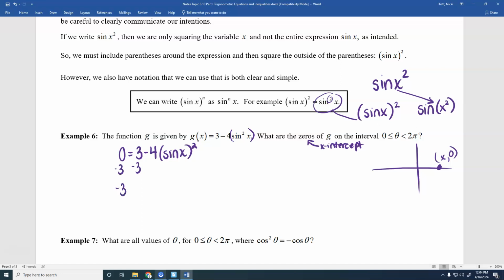So I'll get negative 3 equals negative 4 sine of x squared. And I would need to divide by that negative 4. And that'll give me positive 3/4 equals sine of x squared.